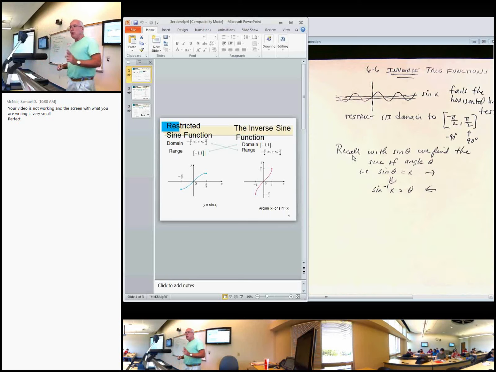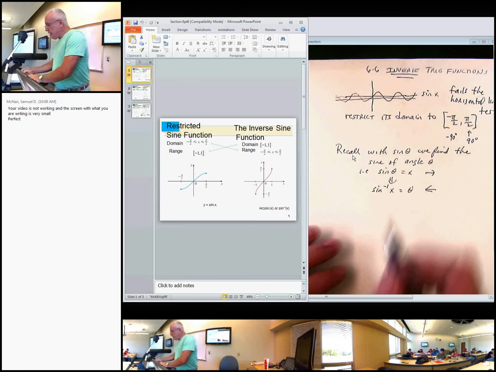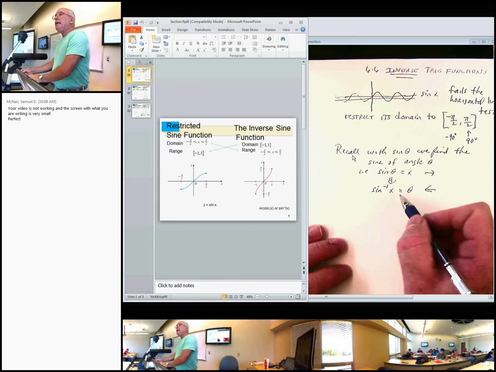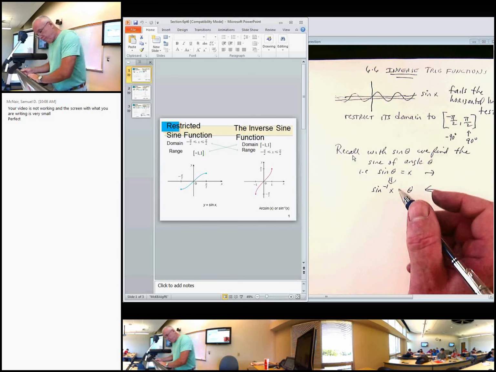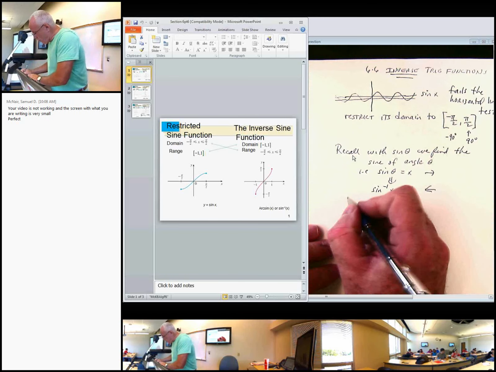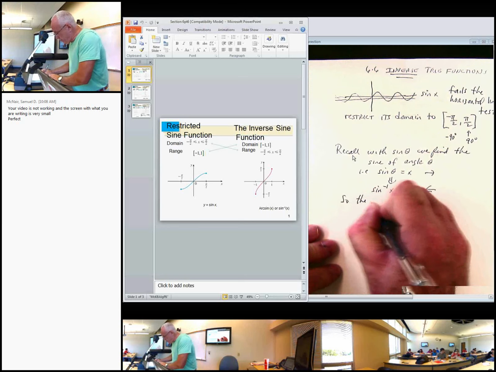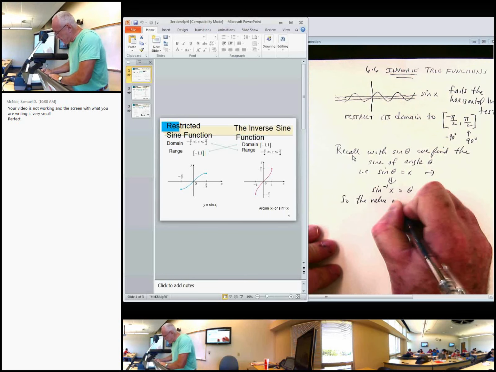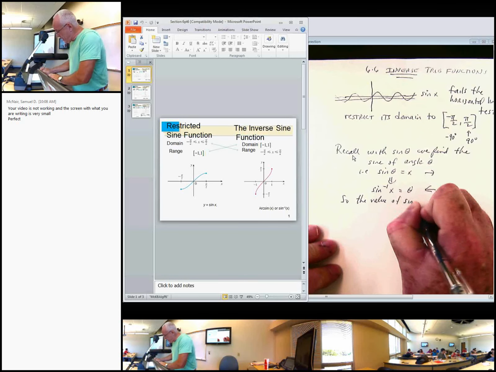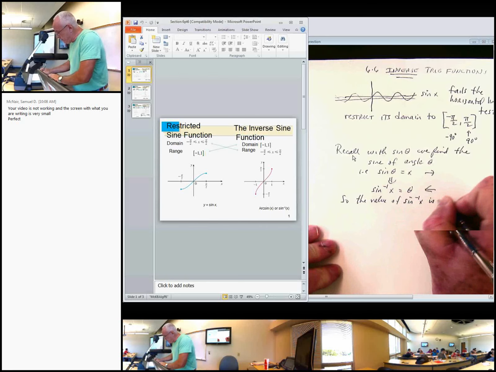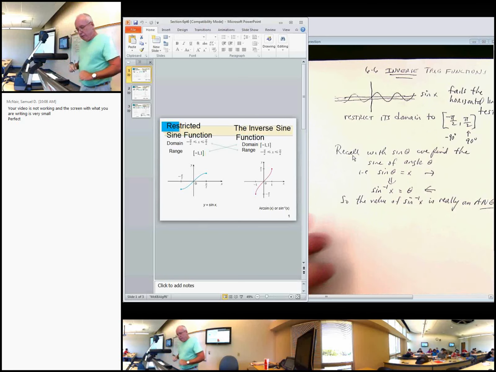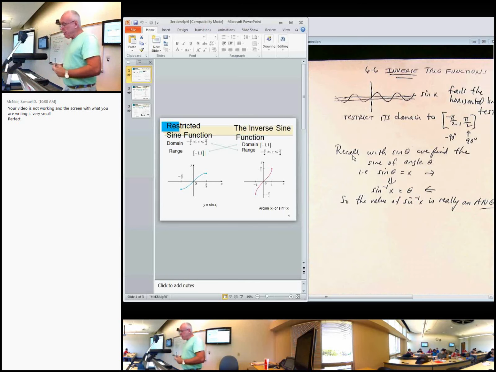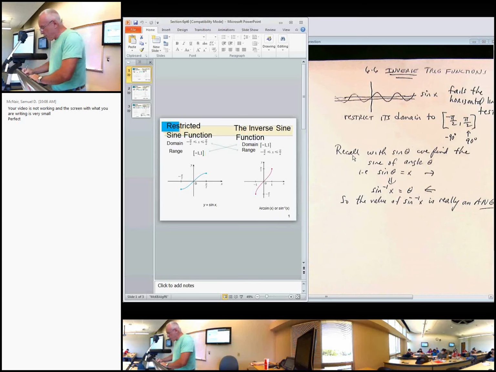So this is what I want to point out. The inverse sine, its value is really an angle. So the value of sine inverse of x is really an angle. Now, in particular, for the sine inverse, we have this.